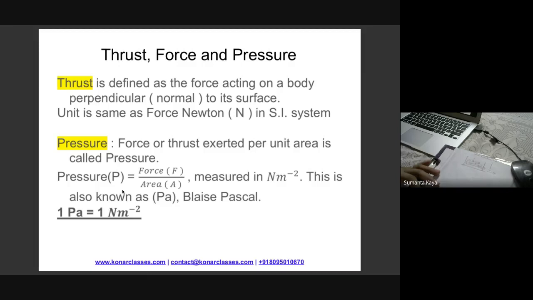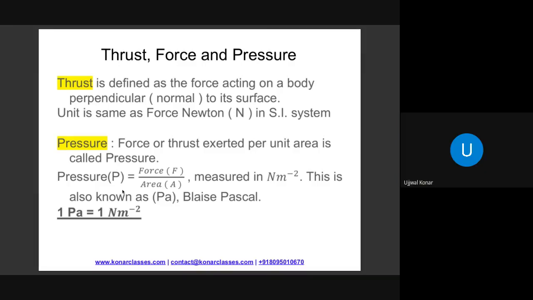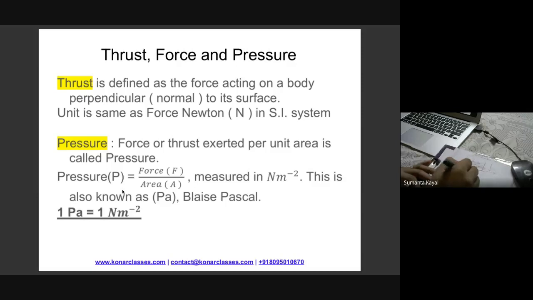We are talking about pressure. Pressure is the force applied on a particular area. And how do we measure the pressure? If we denote P as the pressure and F as the force, it will be F by A. F divided by the area will be the pressure.